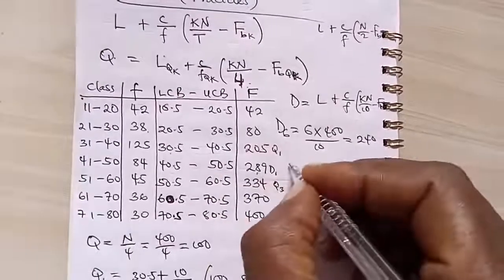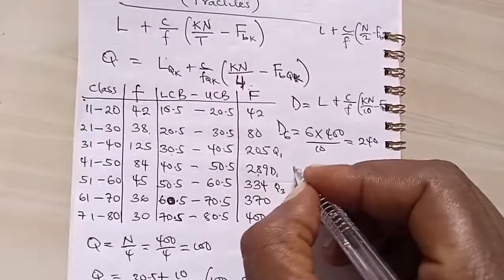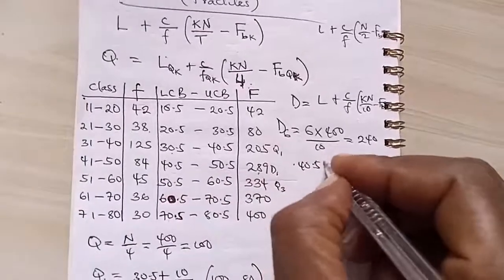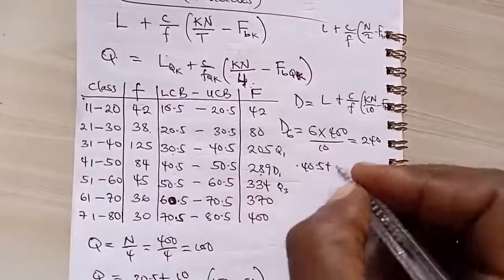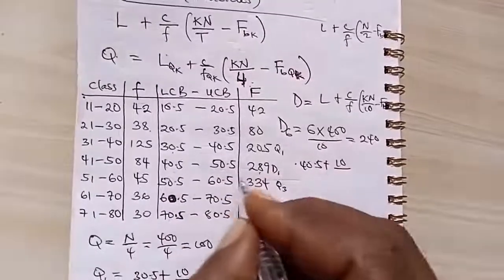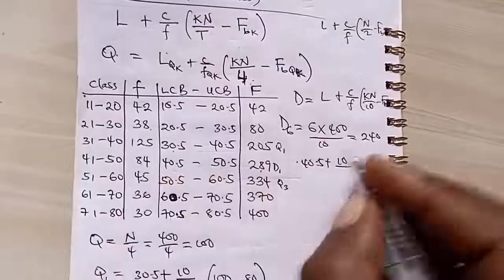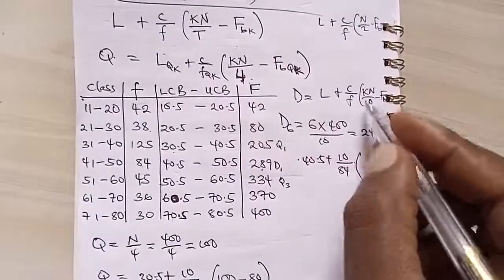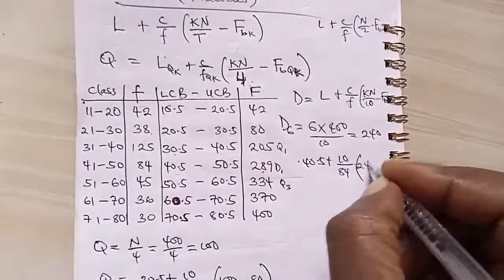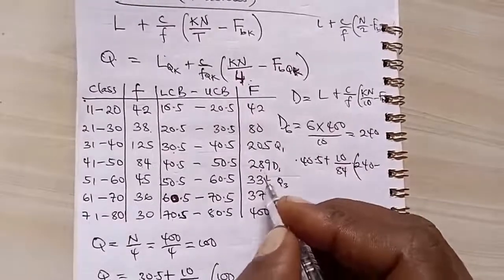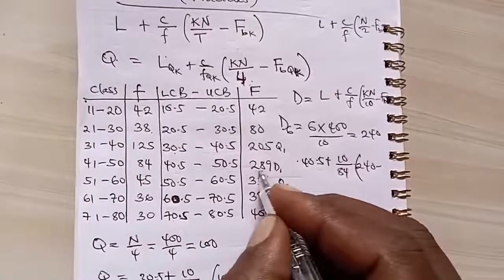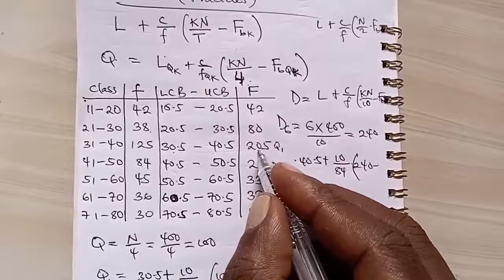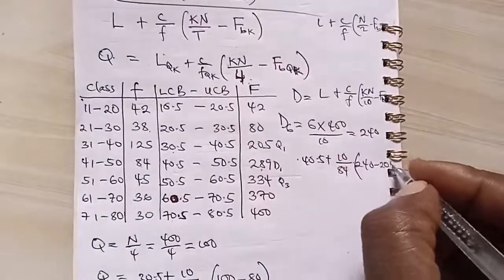So we now have the lower class boundary of the decile class, which is 40.5, plus class interval, which is 10, over the frequency of that class, which is 84, then times 240, which we have already resolved, minus the cumulative frequency of the class before that decile class, which is 205.